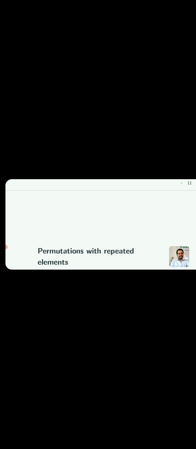So let us see now the permutation with repeated elements. Now we can take the total permutation of objects when repetition of those objects is allowed. Let us see how we can solve such examples if repetition is allowed. Before that, let us see the concept.